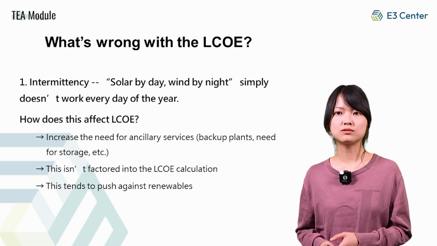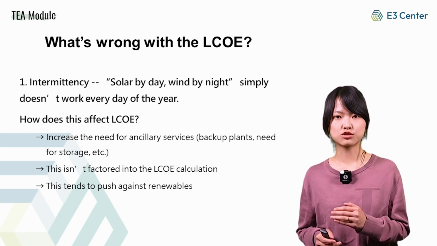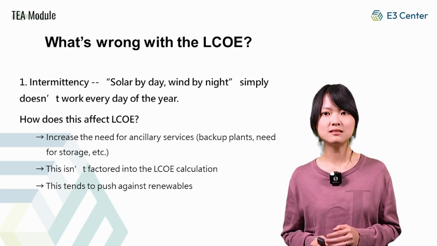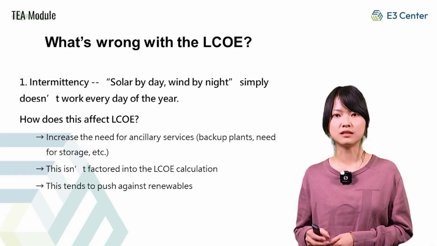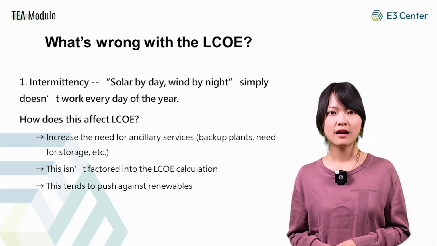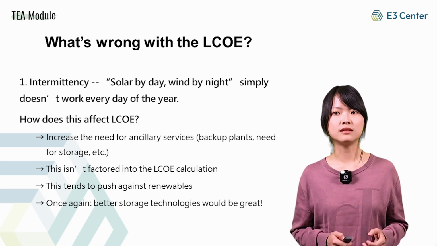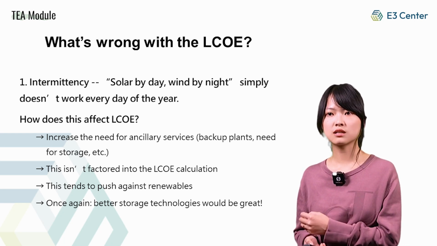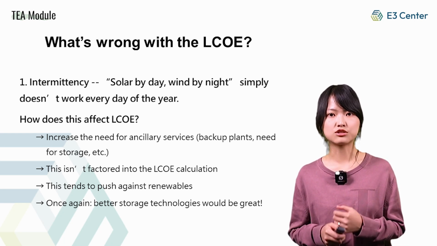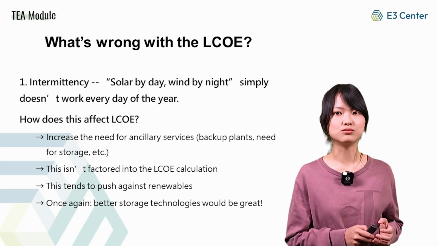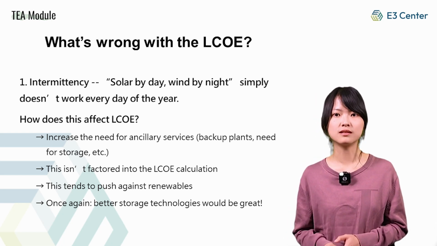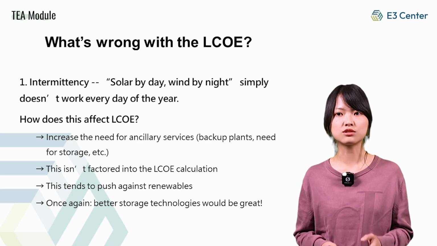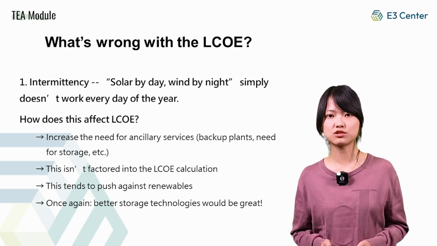This can lead to an underestimation of the true cost of maintaining a stable and reliable power system with a high penetration of renewable energy. As a result, renewables can appear less cost-effective than they truly are when compared to more consistent energy sources like coal or nuclear, which do not face such variability in production.